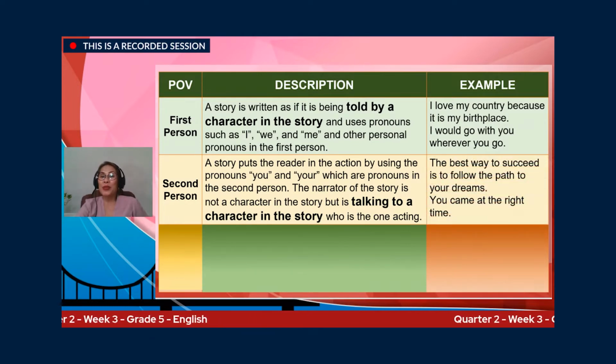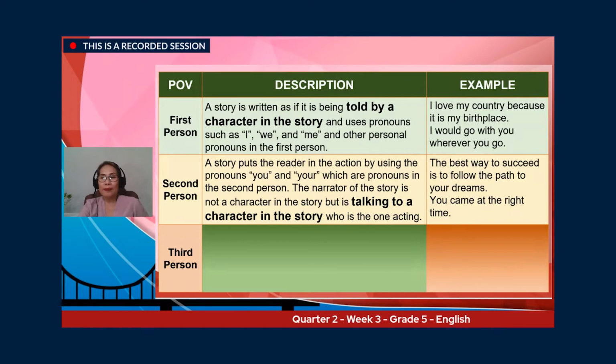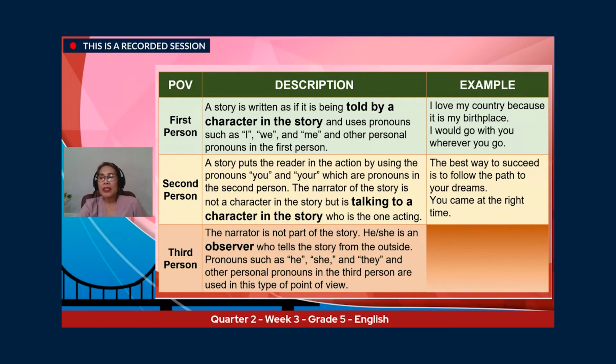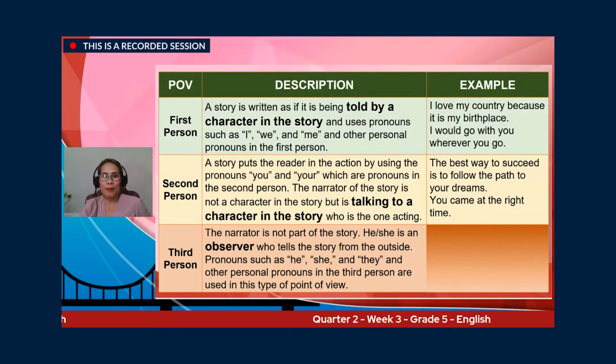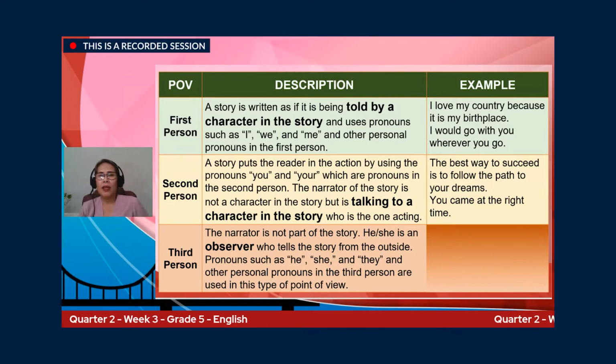Now let's have the third. Third person, the narrator is not part of the story. He or she is an observer. Observer. Yes, you heard it right. Observer. Who tells the story from the outside.